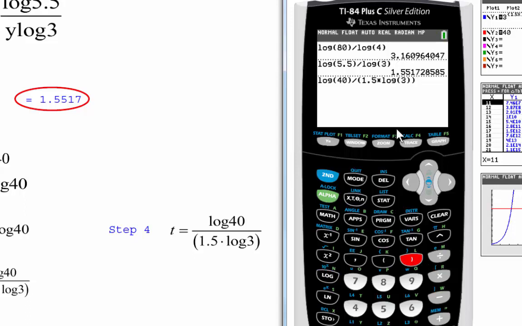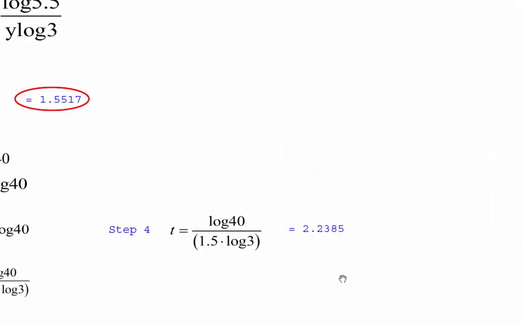And then I close my parentheses. So I have 2 parentheses open, I have 2 closed, and we get that 2.2385. And that's what we received when we graphed it. So we know we did it correctly. And there's my solution.